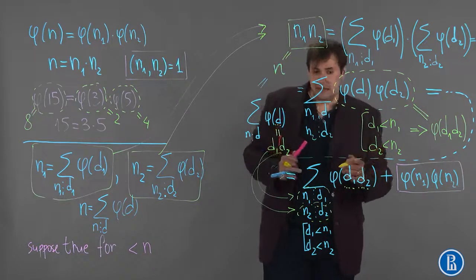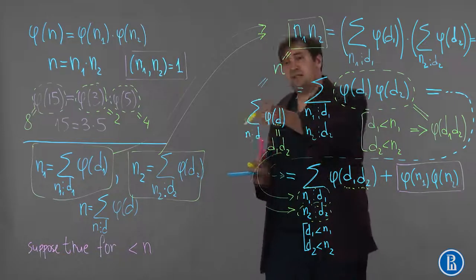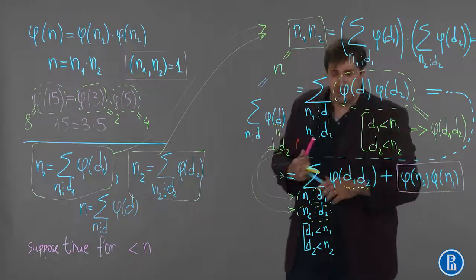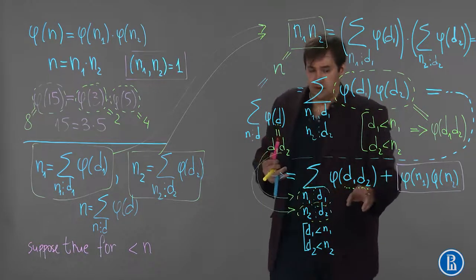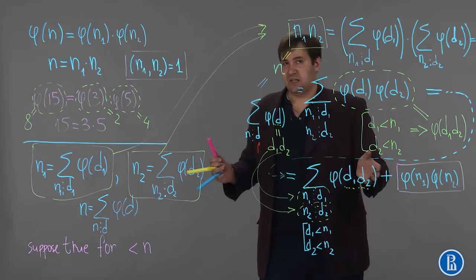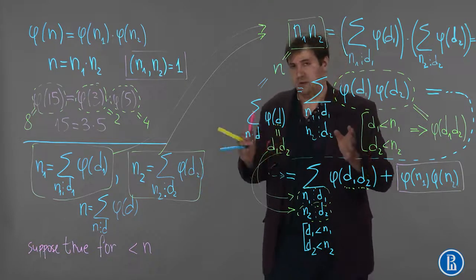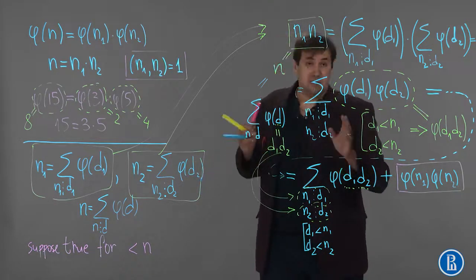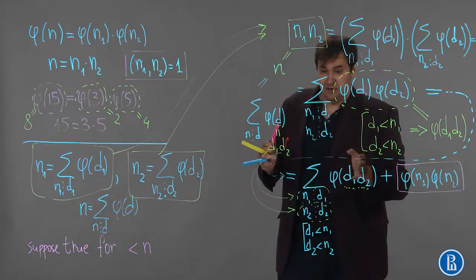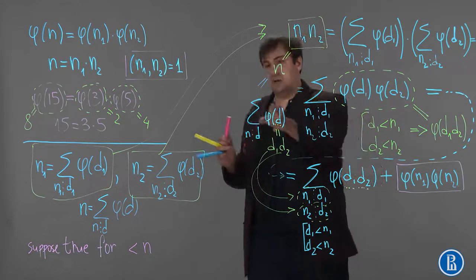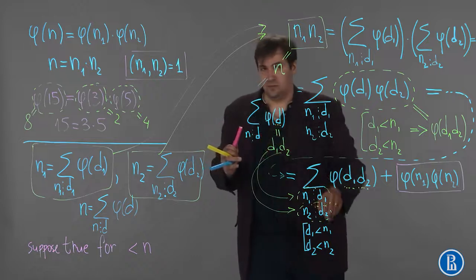This means that this sum over here, this expression over here, and this expression over here are almost the same. They have many common summands. To be more precise, all these summands are included in this sum over here.